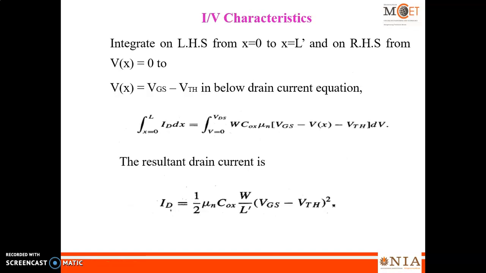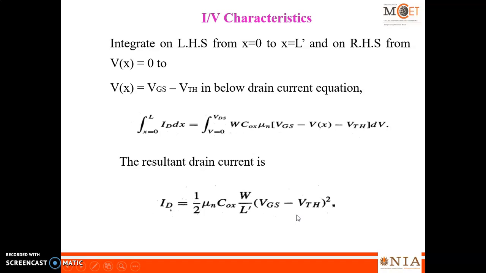So now I should derive the equation for this particular condition. I am integrating this drain current equation with the limit from x equal to 0 to x equal to L dash instead of x equal to 0 to x equal to L, and on the right hand side V of x equal to 0 to V of x equal to VGS minus VTH instead of V equal to 0 to VDS, which results in this drain current equation: ID equal to half mu n COX W divided by L dash multiplied by VGS minus VTH whole square.